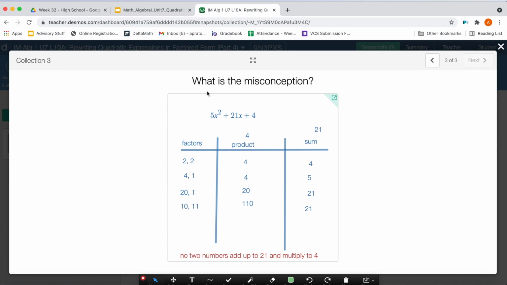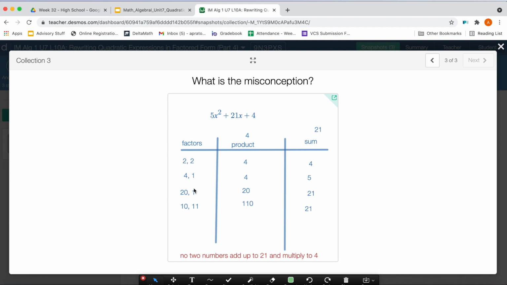So they're holding on to that procedure that they maybe learned in a different class or started to use. They may not be making this product sum chart, but this is just a way that you can see this misconception very clearly. And so the student is looking for different factors, but they're finding that they cannot get a sum of 21. No matter what factors of 4 they find, they can't get a sum of 21.